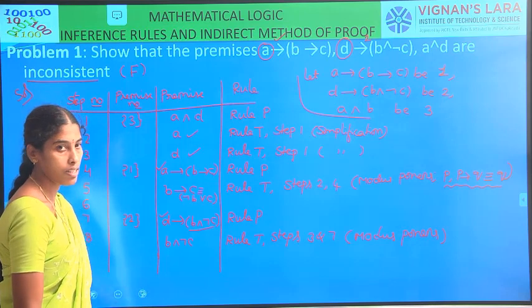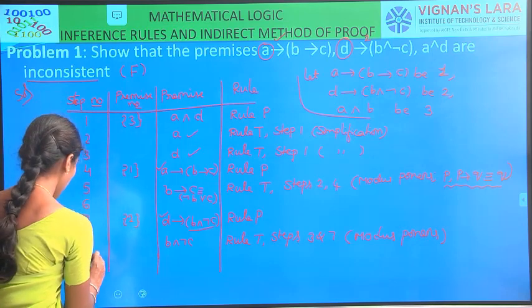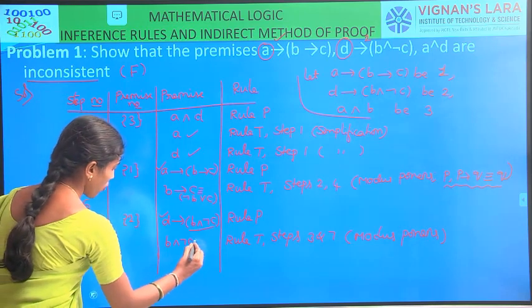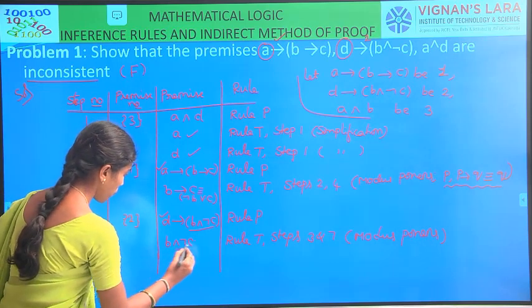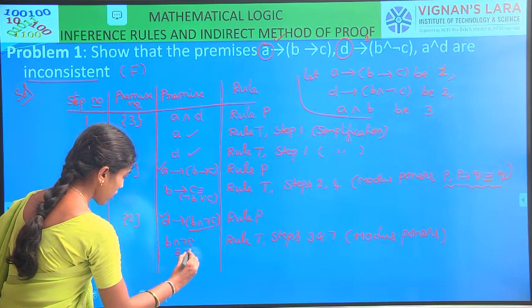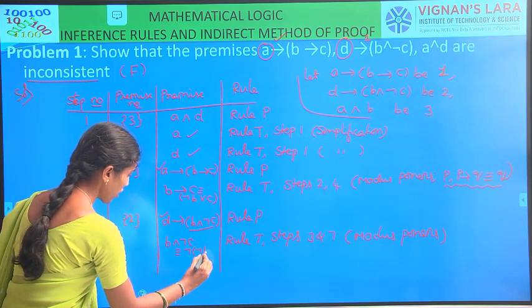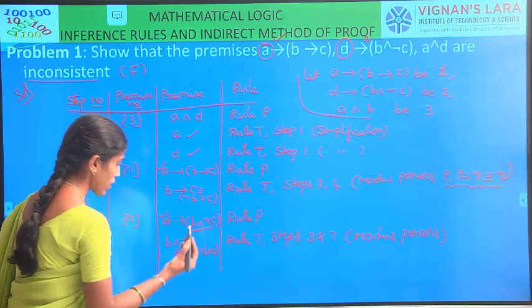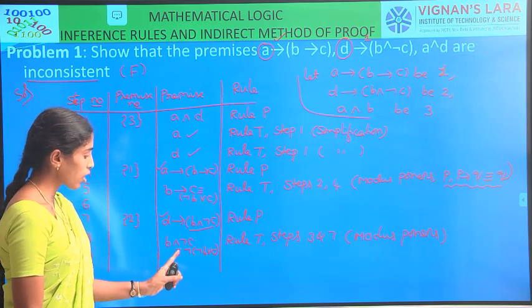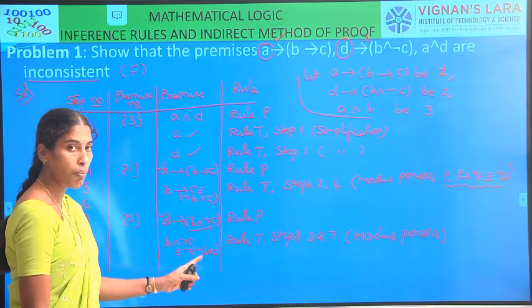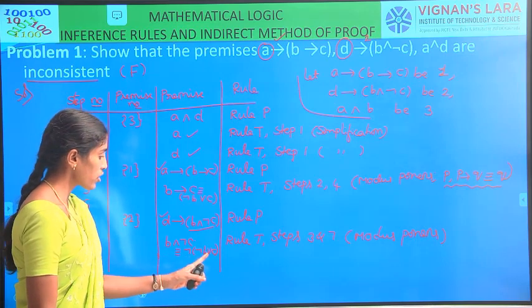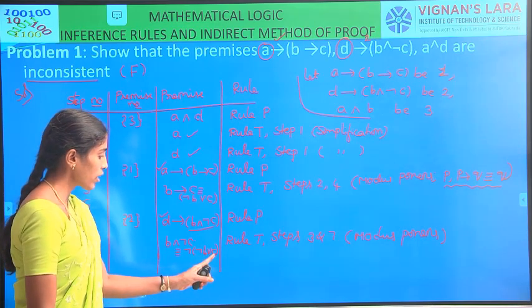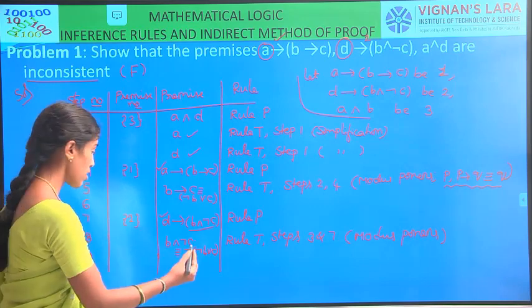B and negation C. Now we can write this as negation of negation B or C. Just check here. By using De Morgan law, take this negation inside the parenthesis. Negation of negation B is B. Negation of OR is AND. We get negation C. So both are same.